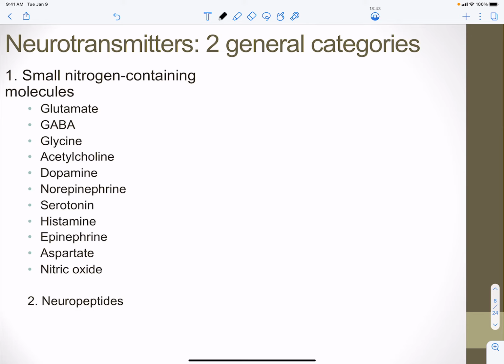Now we'll talk a little bit about neurotransmitters. So there are two basic categories of neurotransmitters. You have small nitrogen-containing molecules, and you have neuropeptides. So I have listed different nitrogen-containing molecules, and our peptides are synthesized in the CNS.